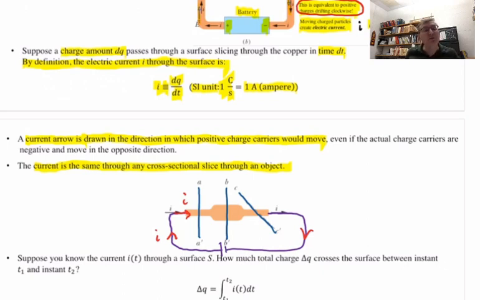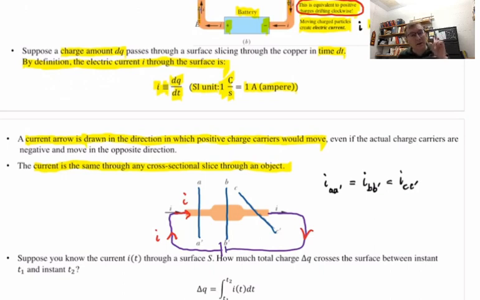And there are simple physical reasons why that has to be true. So the current I through the slice AA prime is equal to the current I through the slice BB prime is equal to the current I through the slice CC prime.